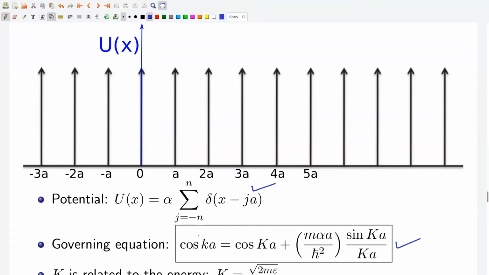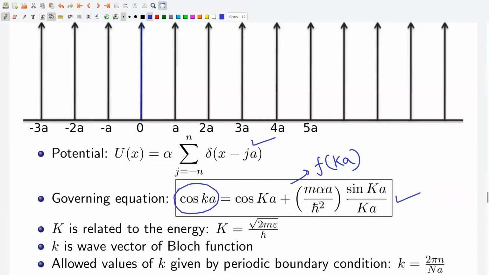On the left-hand side of the governing equation we have cos ka, with small k, and on the right-hand side we have a function of capital Ka. Let me call this f of Ka.